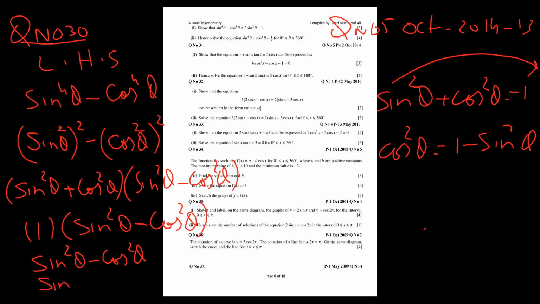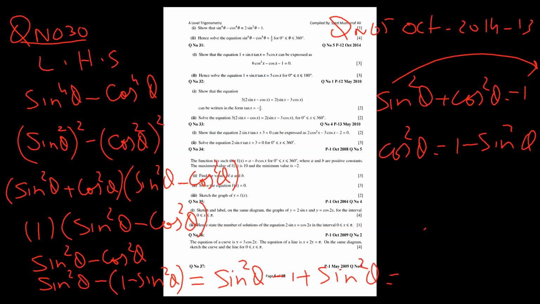So sine squared theta minus 1 minus sine squared theta. And you know very well, when I open the bracket, what happens? Sine squared theta as it is, and minus into plus gives minus 1, and minus into minus becomes plus sine squared theta. And sine squared plus sine squared gives you 2 sine squared theta. I have a space issue, so I'm writing on the top.